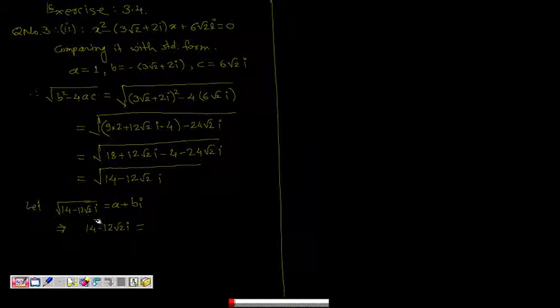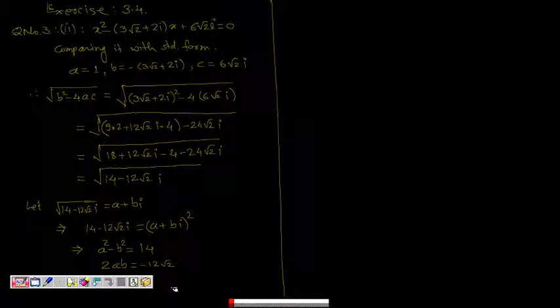This is the square of this part. तो फिर a plus bi को भी स्क्वायर करना पड़ेगा. तो a plus bi whole square. After solving this, we get a square minus b square is equal to real part, which is 14. Okay. Now 2 times ab is equal to imaginary part, जो है minus 12 root 2.